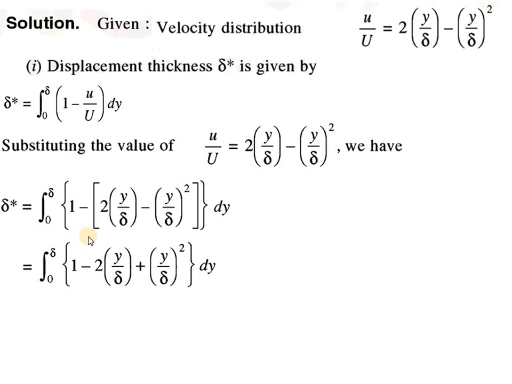So now let us split the terms properly. This negative sign should be absorbed inside the bracket, so that becomes 1 minus 2 times y by delta, and this negative and the second negative make each other positive, so that's why 1 plus (y by delta) whole square. Now that all the terms have been resolved properly, we are able to perform integration.